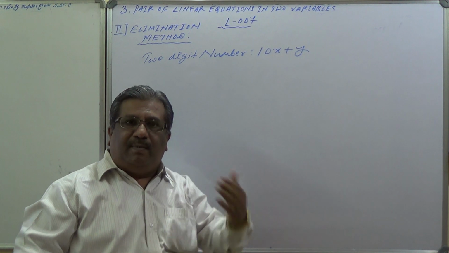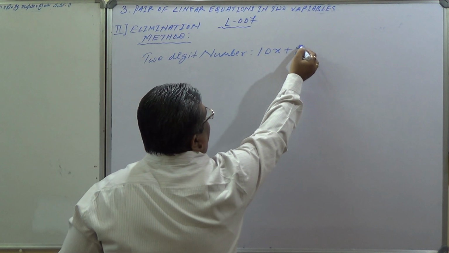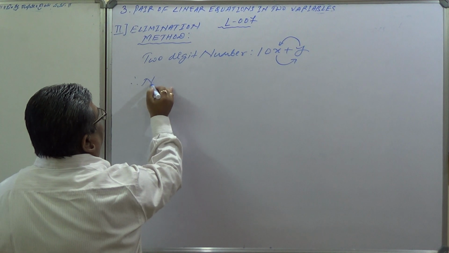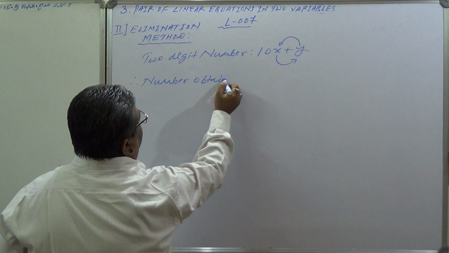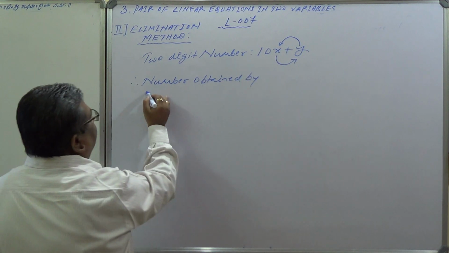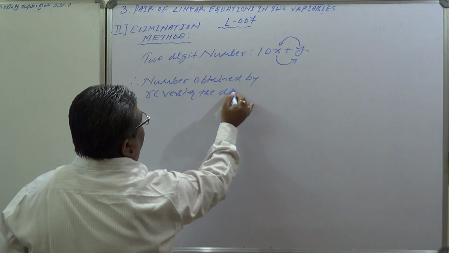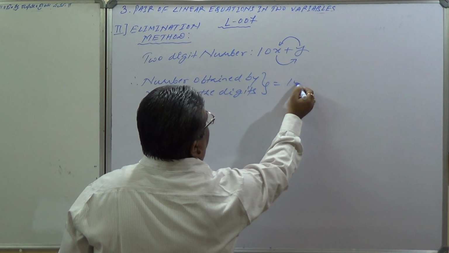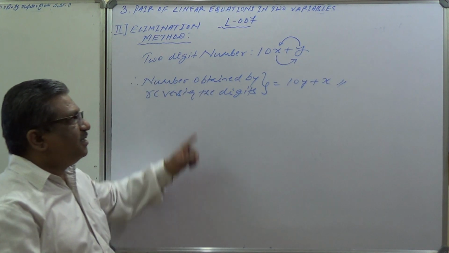How do you obtain the number by reversing the digits? Reverse this y over here and x over here. Therefore, the number obtained by reversing the digits is given by 10y plus x. I hope you are understanding.